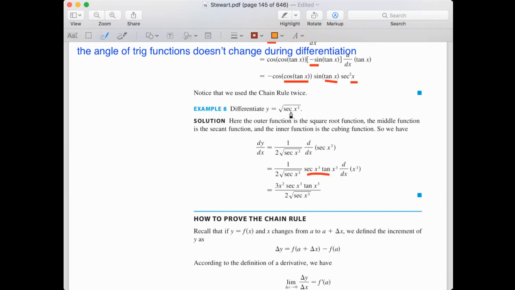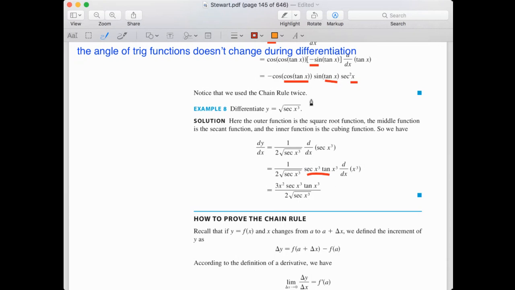The secant takes x cubed as angle. The angle doesn't change, so the angle is still x cubed. Then lastly, the very inner layer is x cubed. The derivative of x cubed is 3x squared. So putting it all together, we have 3x squared secant x cubed tangent x cubed divided by 2 square root of secant x cubed.